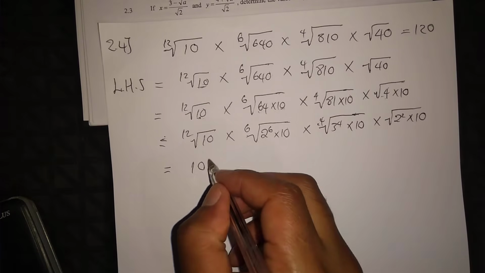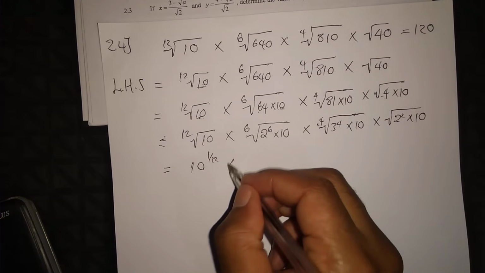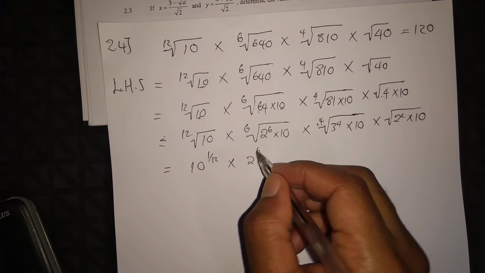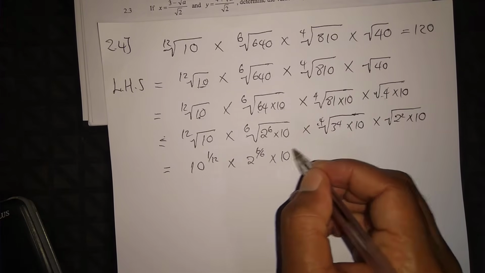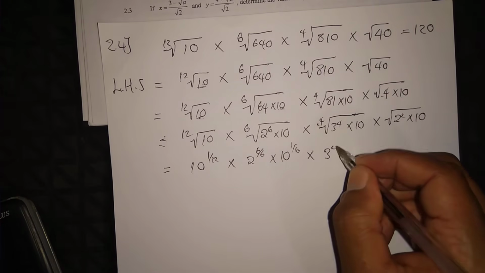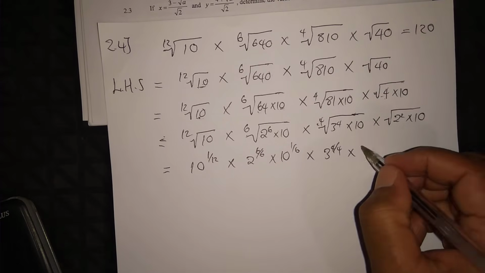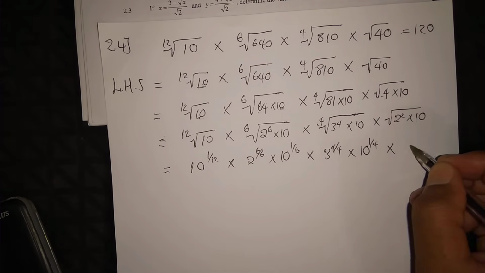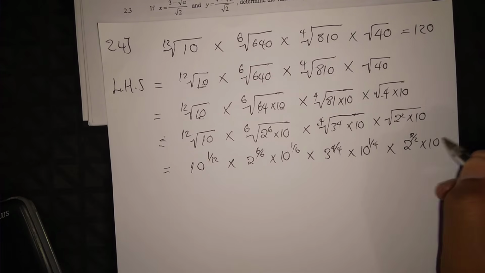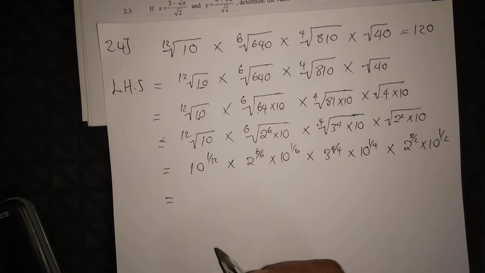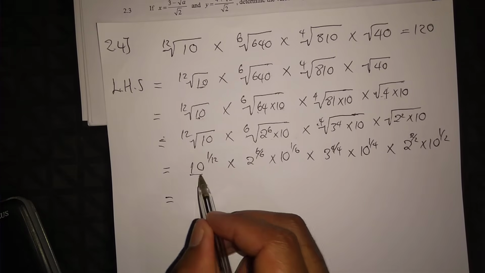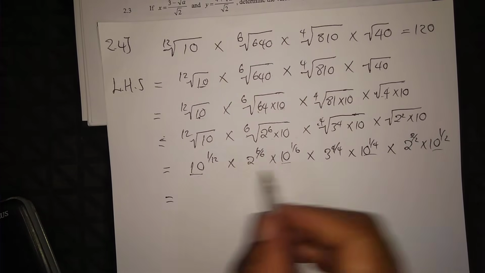So we have 10 exponent 1 over 12 times 2 exponent 6 divided by 6 times 10 exponent 1 over 6, plus 3 exponent 4 over 4 times 10 exponent 1 over 4 times 2 exponent 2 over 2 times 10 exponent 1 over 2. So it is equal to, now that I have written these numbers as multiples of 10, multiplying the powers of the same base, you add what?